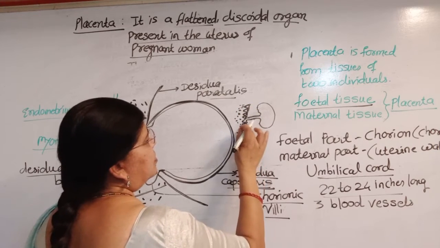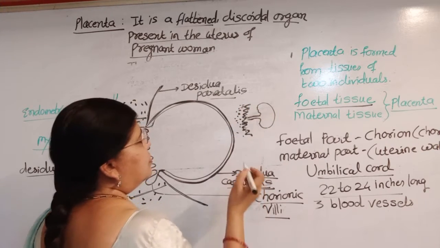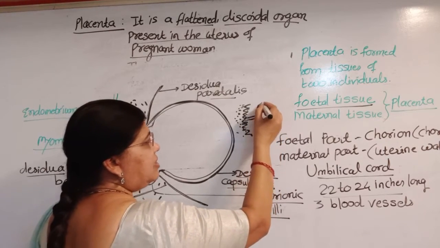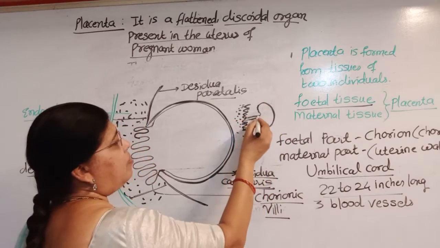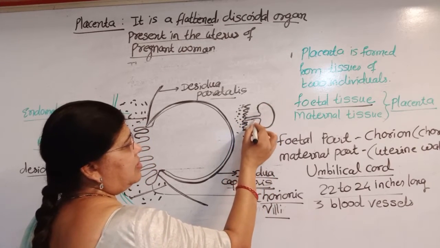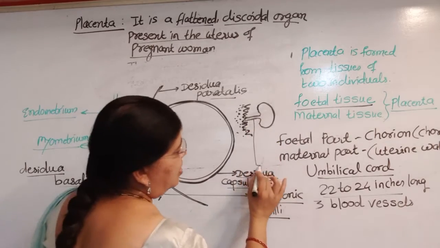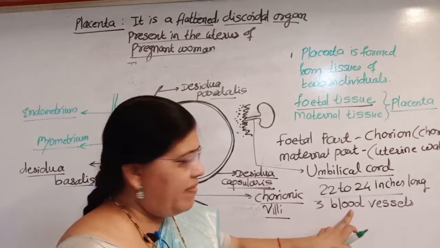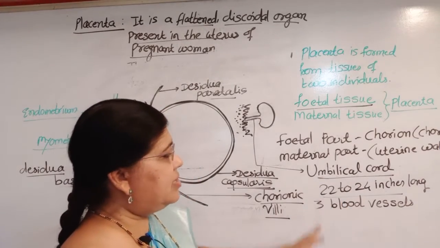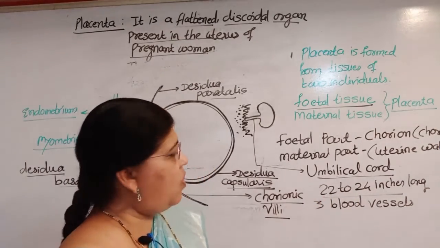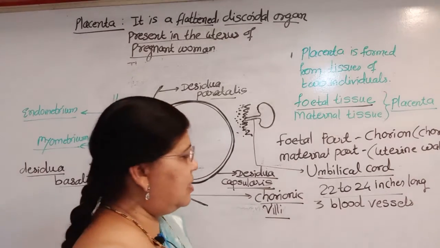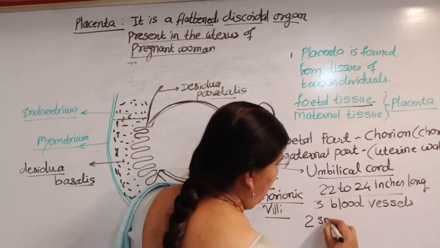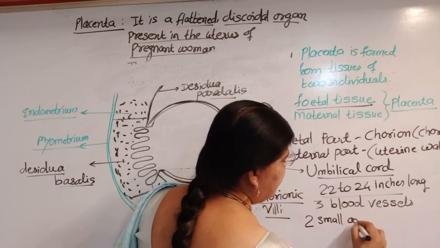So this is a fetus. Now fetus is connected to placenta by means of this umbilical cord. Umbilical cord consists of 3 blood vessels and is 22 to 24 inches long.